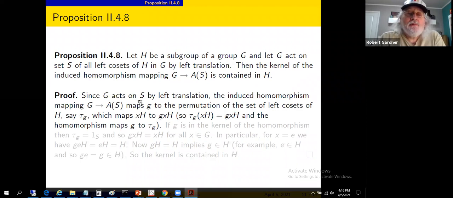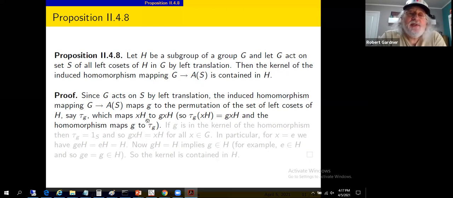All right. G acts on the set S of left cosets by left translation. The induced homomorphism from theorem 4.5 maps group G into the group of permutations on that set. It'll map element g to a permutation of the set of left cosets of H. Let's denote that tau sub g, similar to what we used in the past.